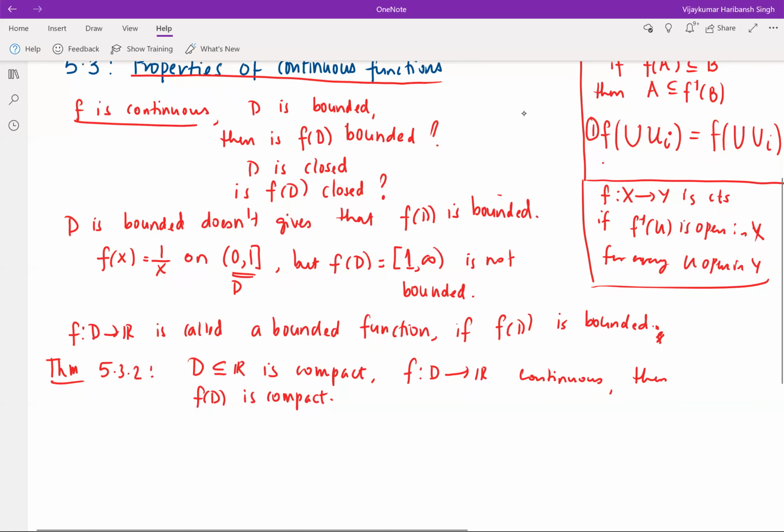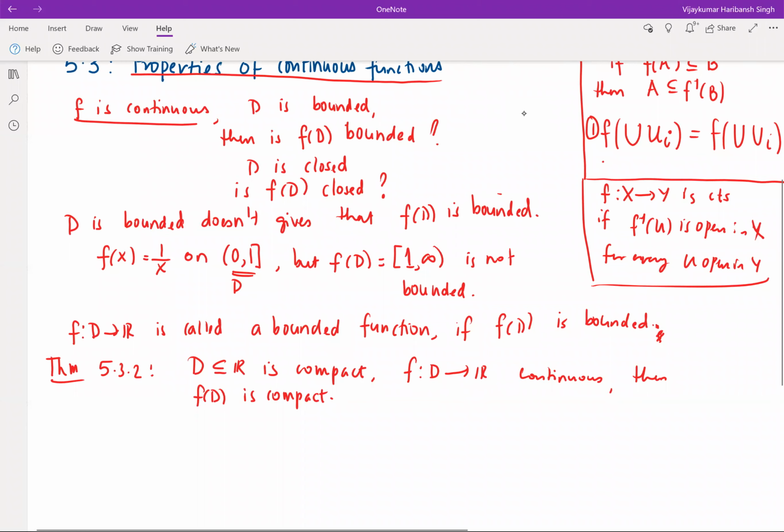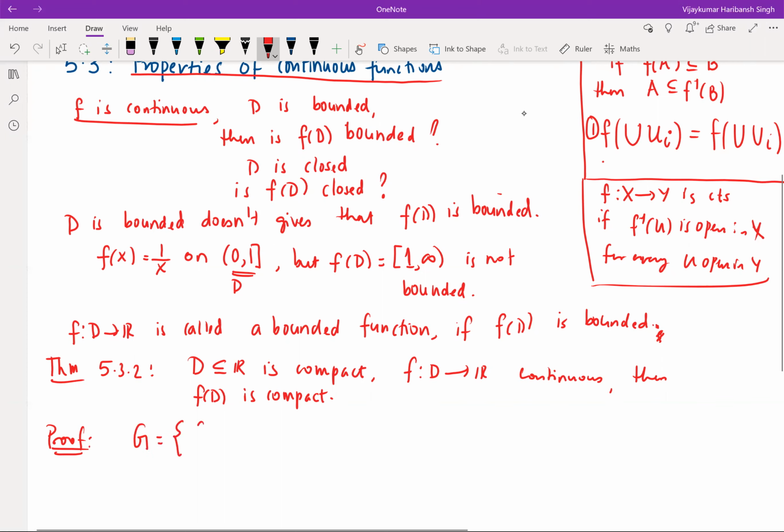Okay. So how do we go about the proof of this? You start with an open cover of f of D. So let's say, let G alpha, with alpha belonging to some indexing set, we don't care, be an open cover for f of D. Now what do you want to do?